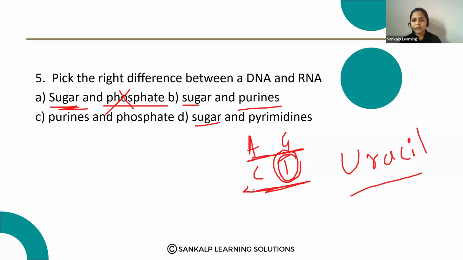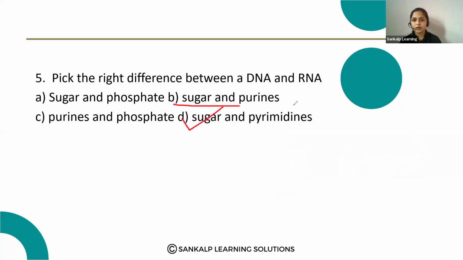So the thymine is replaced by the uracil. So that is the difference. The correct answer is sugar and pyrimidines, not sugar and purines.